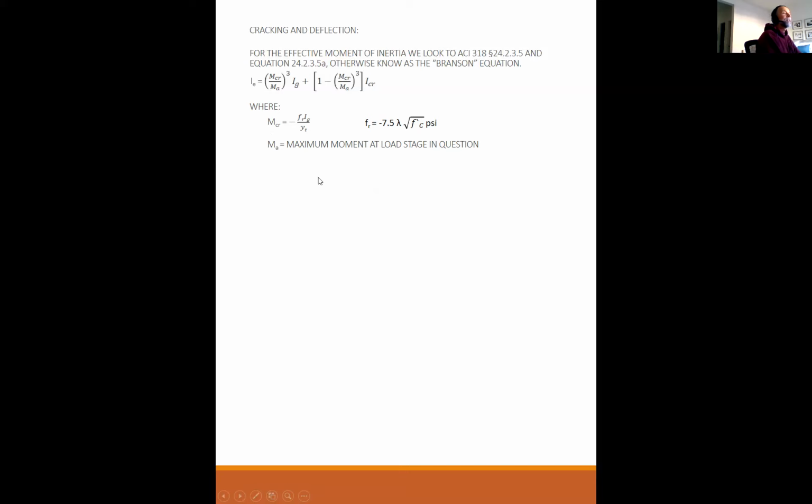And then you could say, all right, now we're going to open the hotel and we're going to have occupancy. And the occupancy is now going to have live load. We're going to put furniture in this building. We're going to have people occupying the building. So if I put my code required live load on my structure, now how much deflection do I have? And then M sub A would be your dead load moment plus your live load moment.